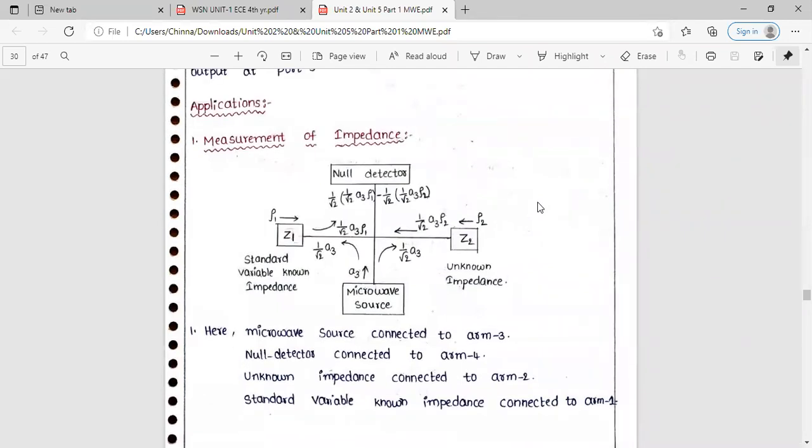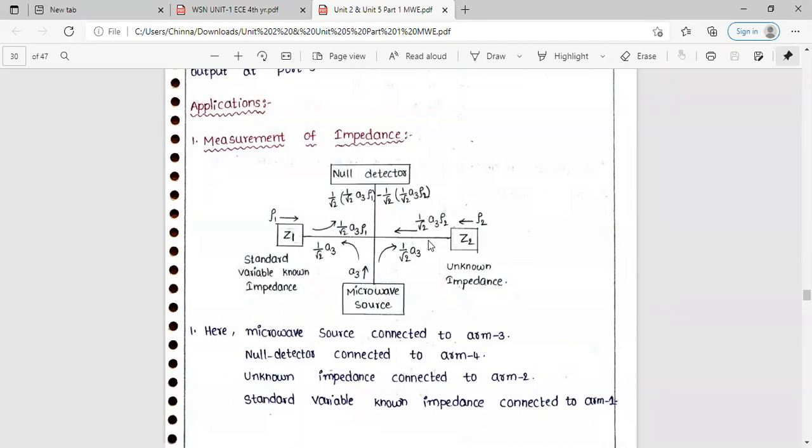In the diagram you can see the basic 4-port network junction: microwave source, unknown impedance, null detector, and standard variable known impedance. Z1 is the known impedance, Z2 is the unknown impedance, and the null detector is indicated at the top. You can see some arrows showing how the power is distributed from where to where.